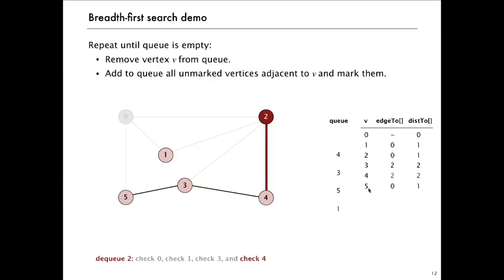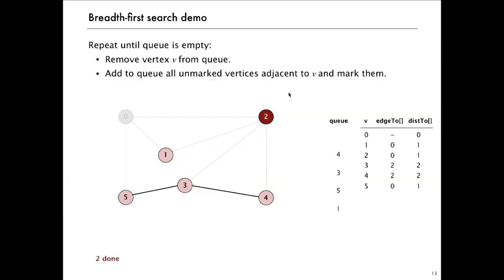So again, that's going to be a tree that gives us a path back to the source. And instead of marked, we also keep more detailed information, which is the length of the path, because it's easy to do. Okay, so we check 4 and add it to the queue, and now we're done with 2.